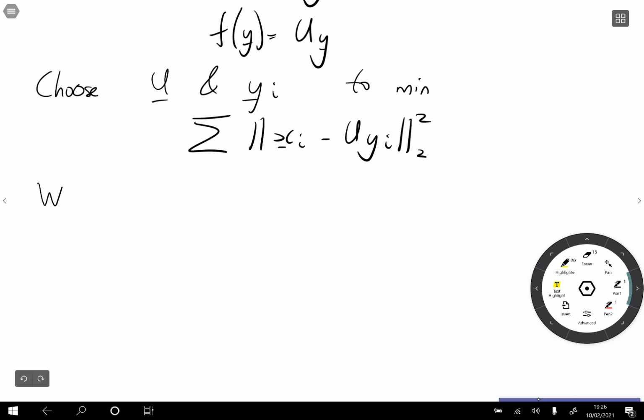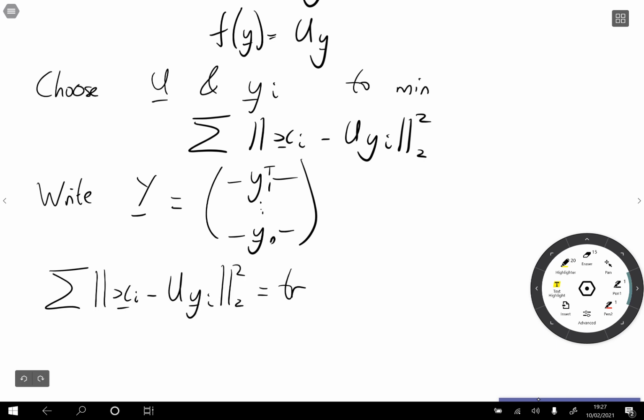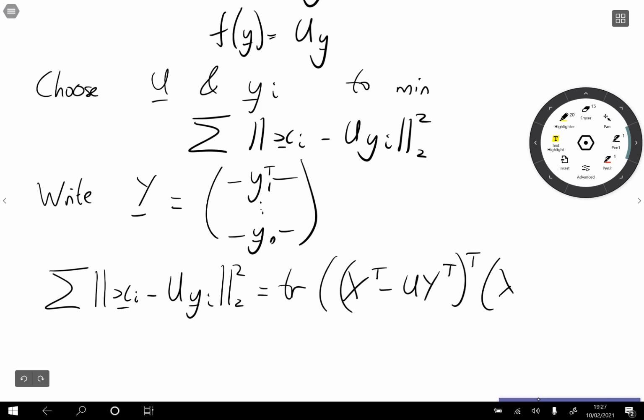Now if we write Y to be the matrix y1 transposed down to yn transposed, just like our data matrix X is, then we can see that this sum of squared errors is just the trace of (X transposed minus U Y transposed) all transposed, times (X transposed minus U Y transposed).